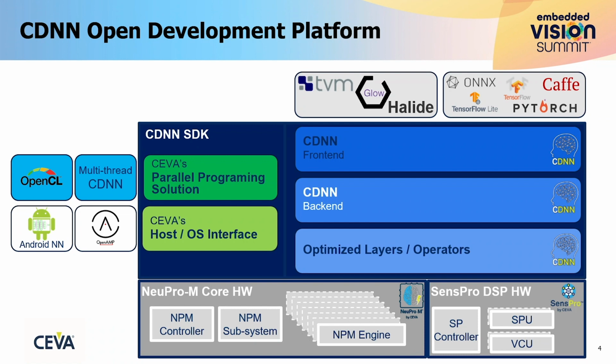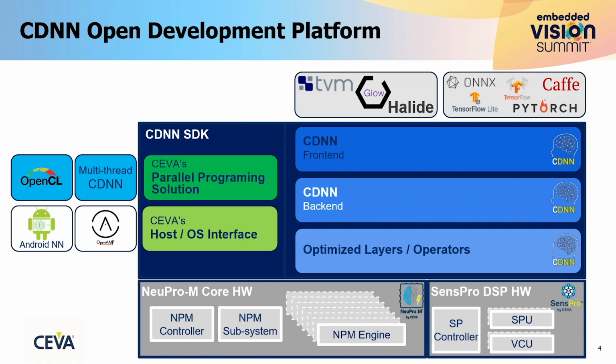Along with the hardware, we also have a comprehensive AI software stack, or SDK. It basically lives within the open source realm, and I'll explain in a second, but the crux of the SDK is the CDNN.